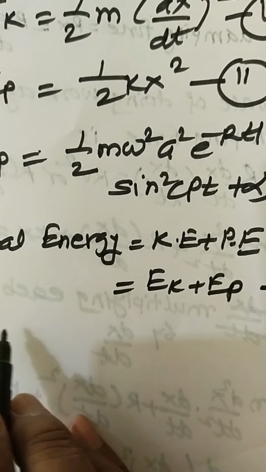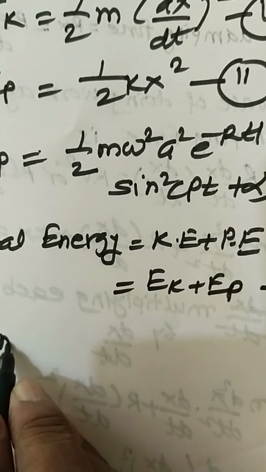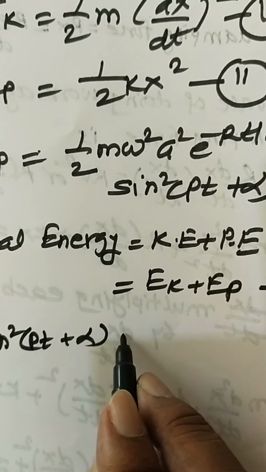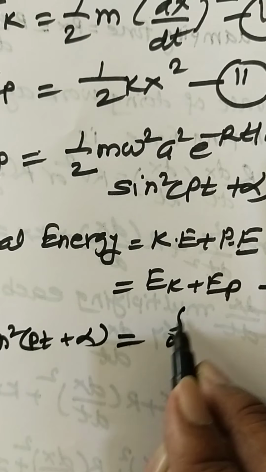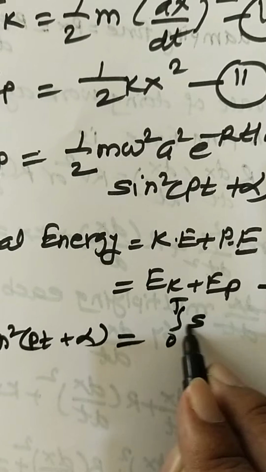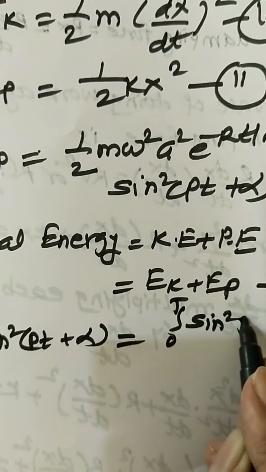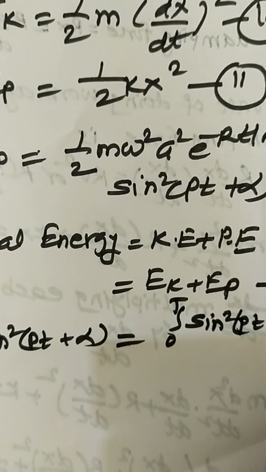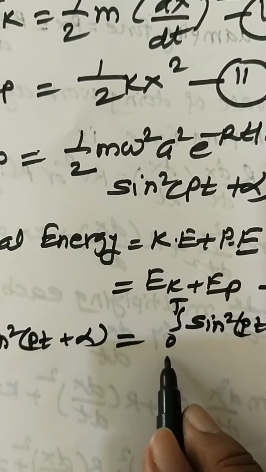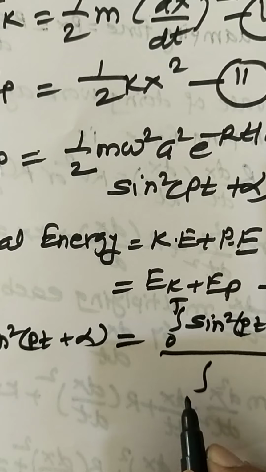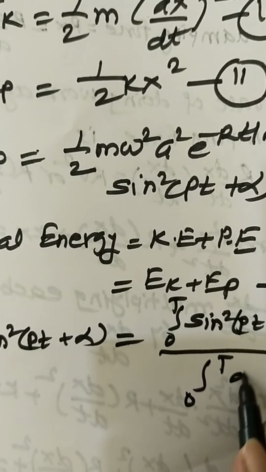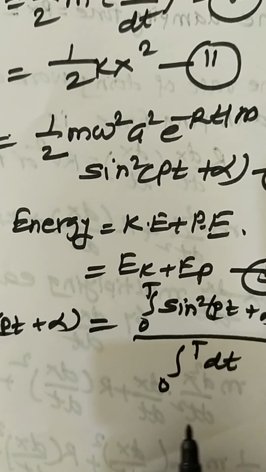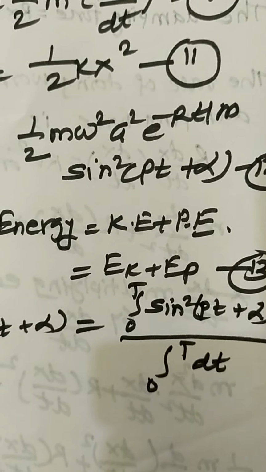So the average value of sine squared(pt plus alpha) is equal to the integration from 0 to T of sine squared(pt plus alpha) dt, divided by the integration from 0 to T of dt.